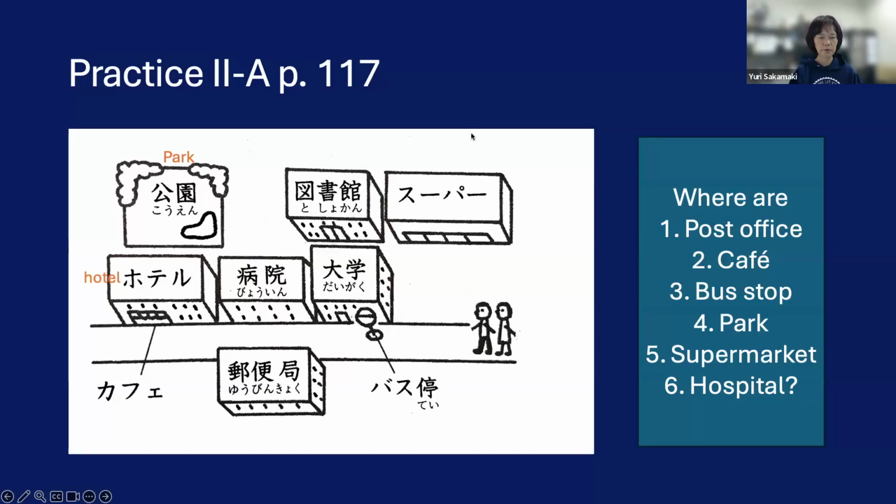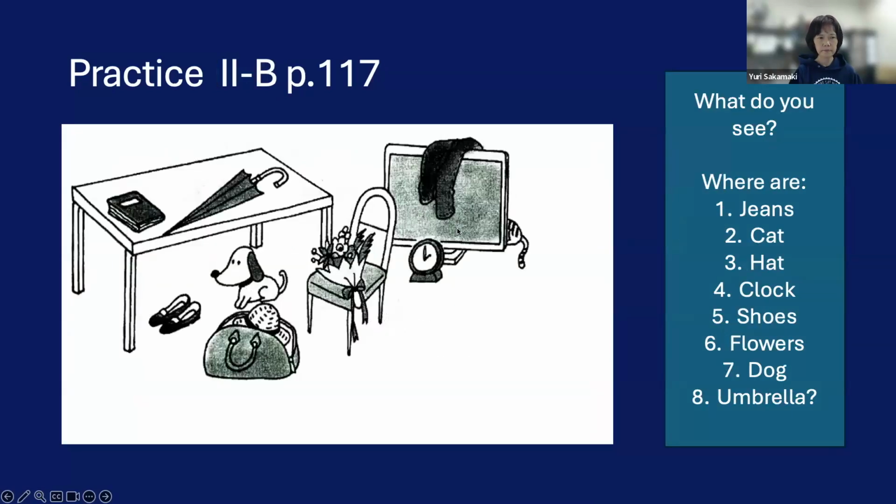And just to help you out with the buildings, make sure that you know where these buildings are. Also, there's practice 2B on the same page. So where are jeans, cat, hat, look at these things.